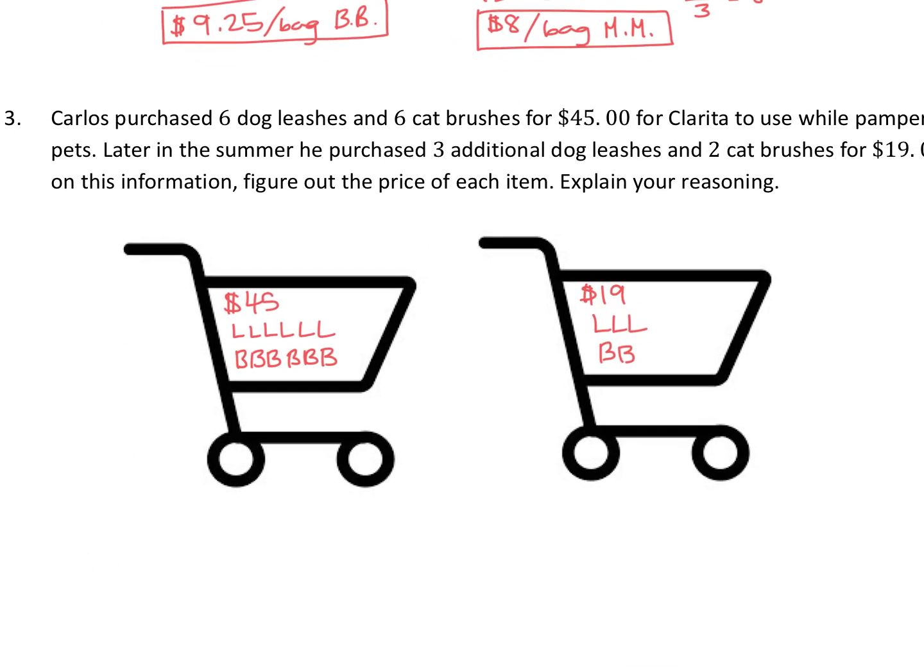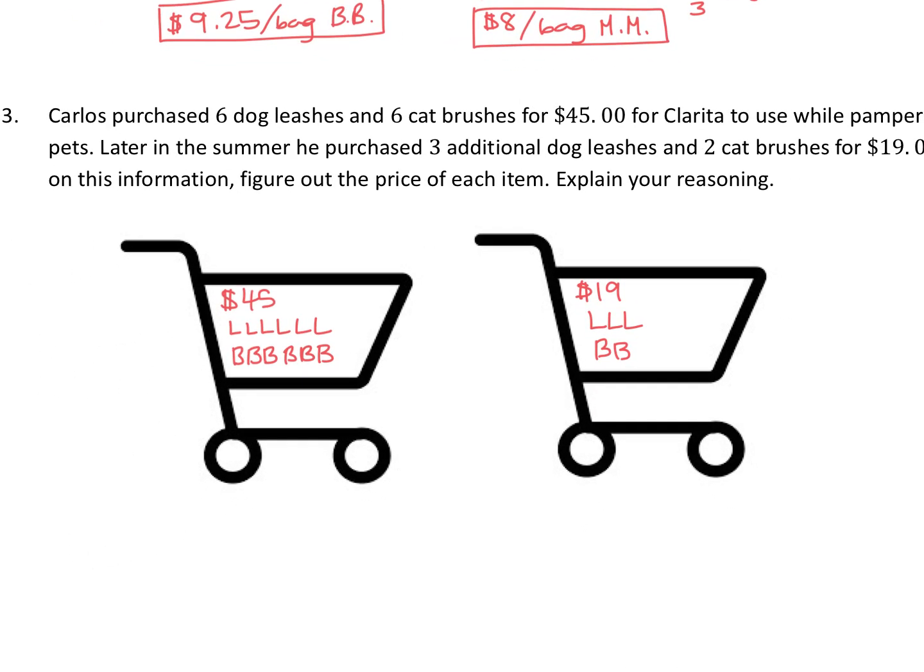All right, so let's figure out the price of each item based on this and explain our reasoning. So just glancing at the 2 shopping carts, I don't see anything that's the same. But I do see that in the first shopping trip, he bought double the leashes than the second.